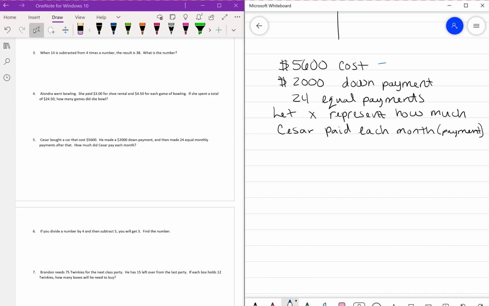So cost is a total. So now that we figured out the total, we can put that on this side. 5,600 equals 2,000 was the down payment. So we know we got to put 2,000. And we got to add that to the 24 equal payments. Because here's payments and here's payments. So that's going to be connected with the X. So now you can solve that.